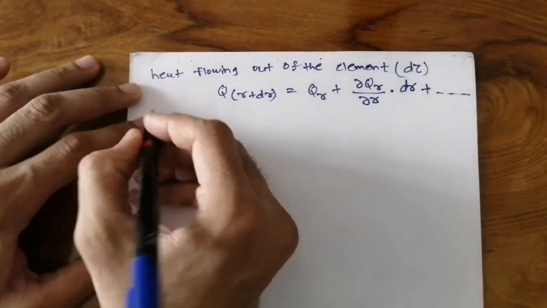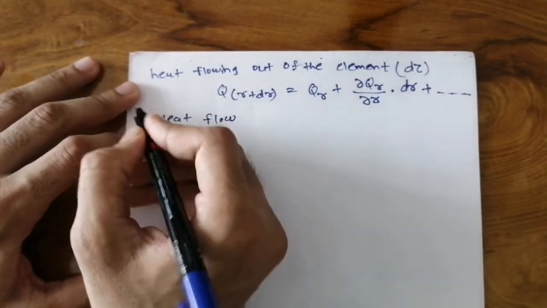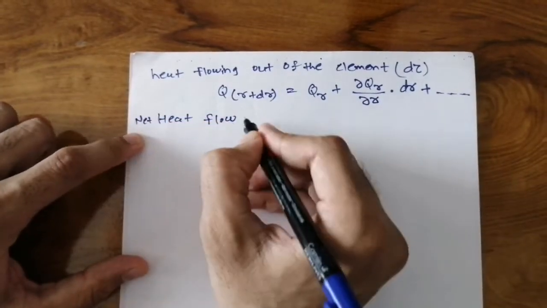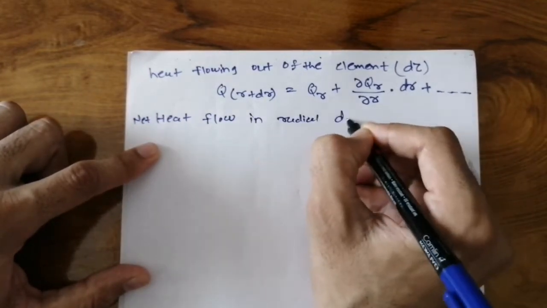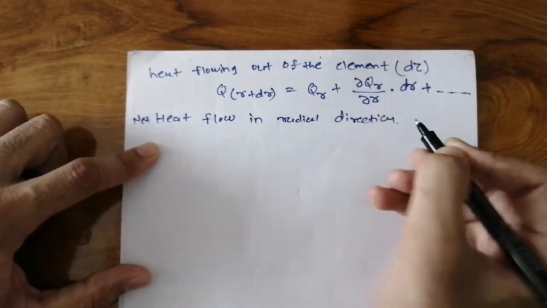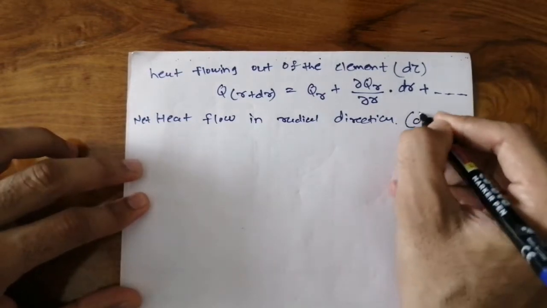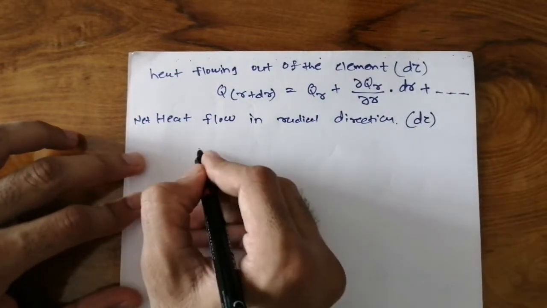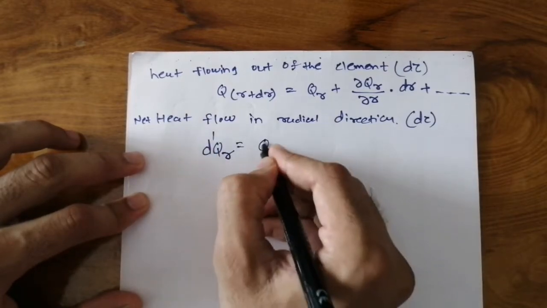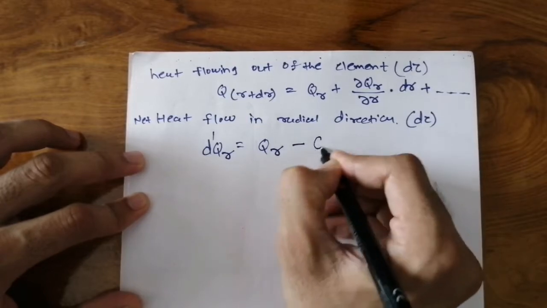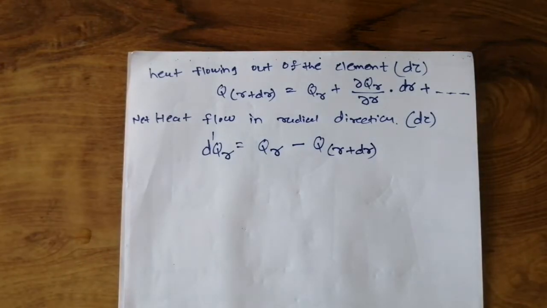So we consider net heat flow in radial direction, which is energy in minus energy out. Unit time is del tau. So we should write del q dqr dash is equal to qr energy in minus energy out qr plus dr. Over.